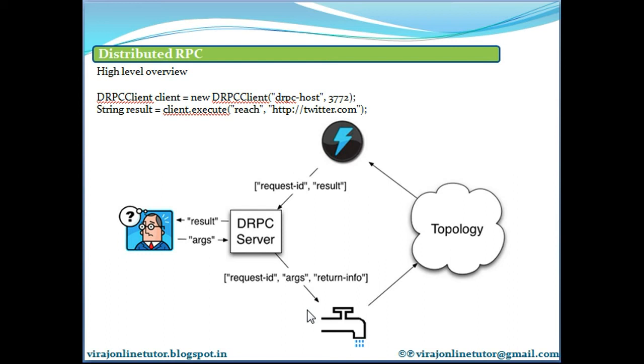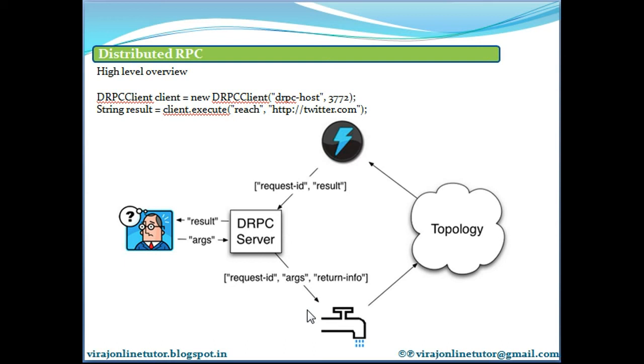So just to repeat, the client sends the DRPC server the name of the function to execute and also its arguments. The topology implementing that function uses the DRPC spout to receive that function invocation stream from the server. Each function invocation is tagged with a unique ID by the server.